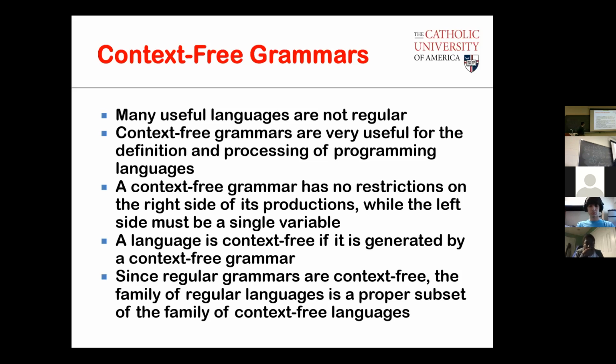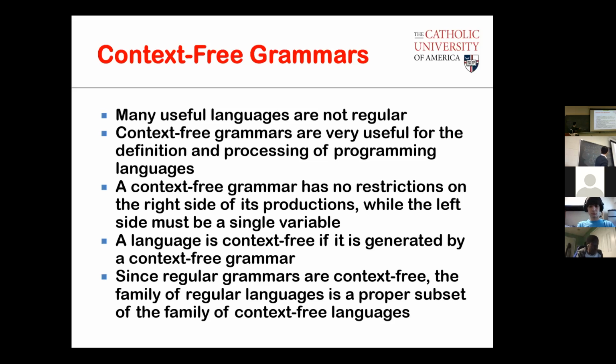Okay, now it turned out that regular grammars are context-free. And the family of regular languages is a proper subset of the family of context-free languages. What does it mean? It means the regular languages are also context-free. Exactly.